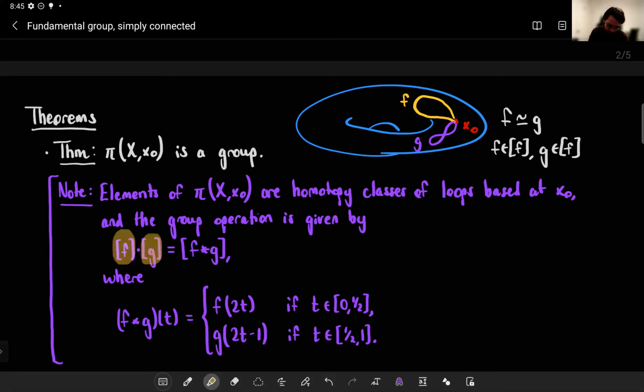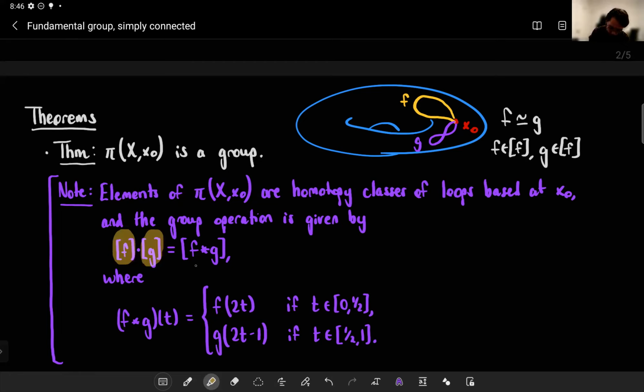So when we're talking about a group, we have to define a binary operation on the elements of that group. In this case, the elements are equivalence classes. So right here, I'm saying, okay, equivalence class of f multiplied by equivalence class of g. I'm using multiplied loosely. I just mean it in the group sense of we're combining these two group elements in some way.